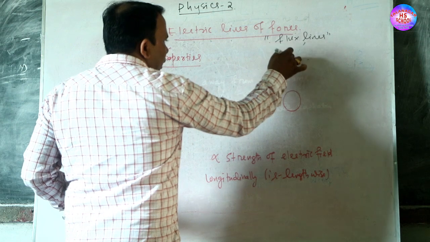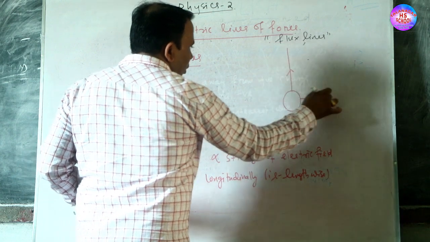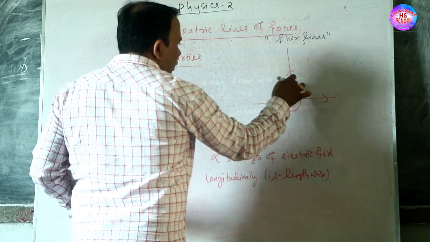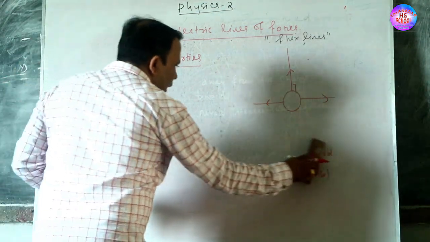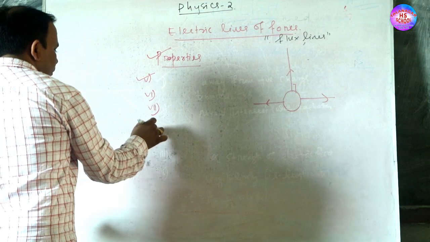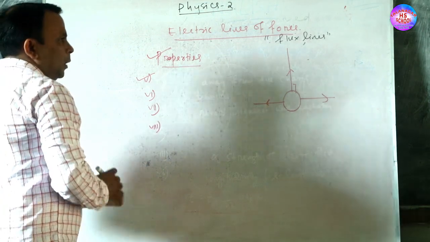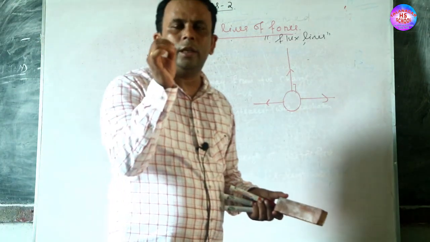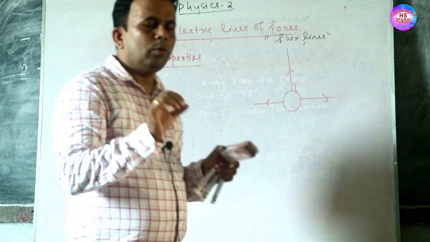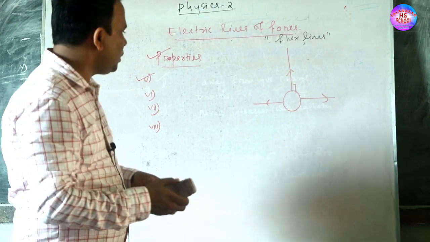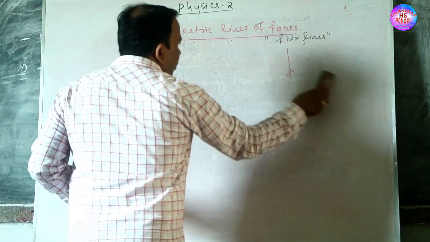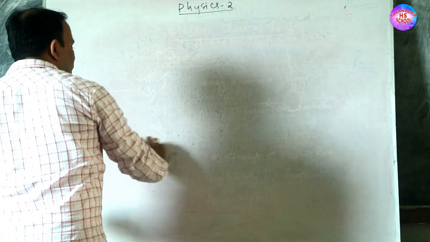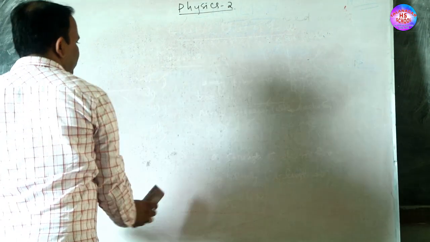If we take a spherical conductor, then lines of force are always in the outward direction. That means lines of force meet normally in case of a spherical conductor. Then 4 pi lines of force carry each unit positive charge. These are some properties of electric lines of force.